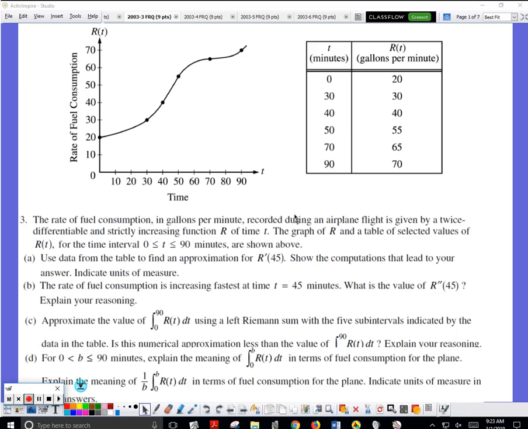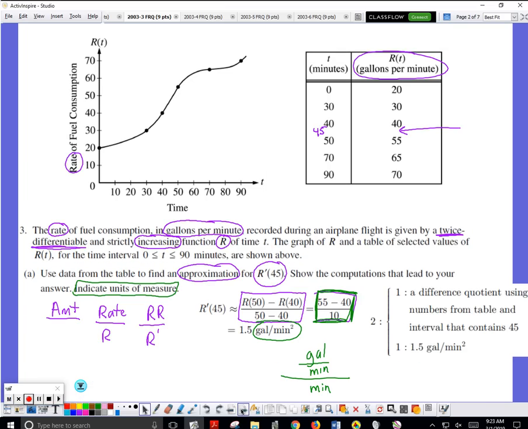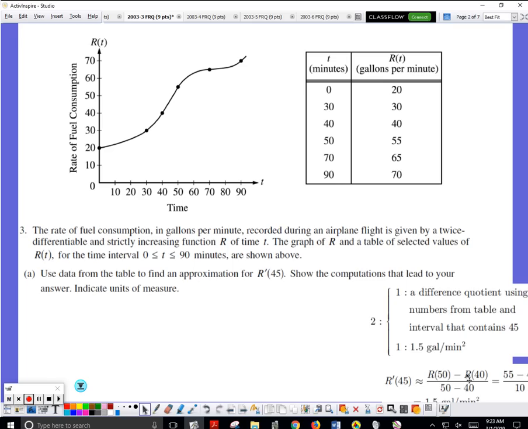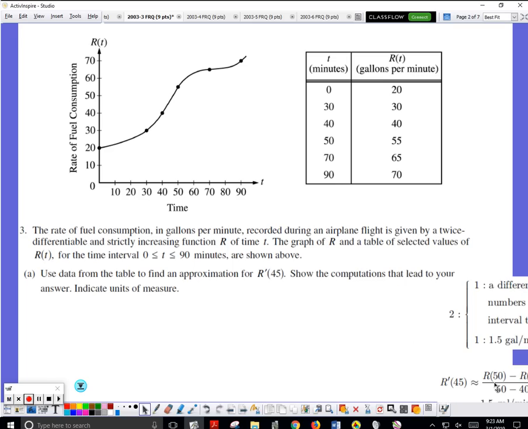So here we go. Problem number 3. Problem 3 says, the rate of fuel consumption. I pay attention to the word rate.